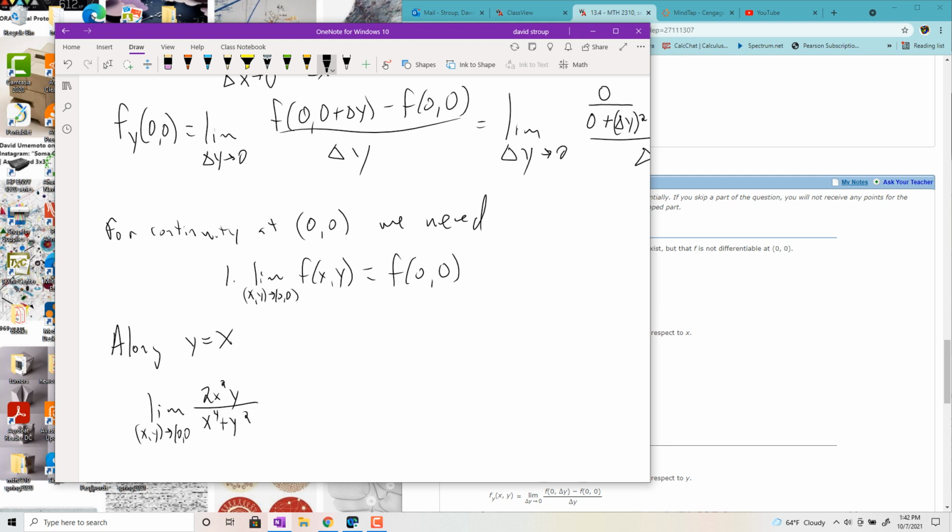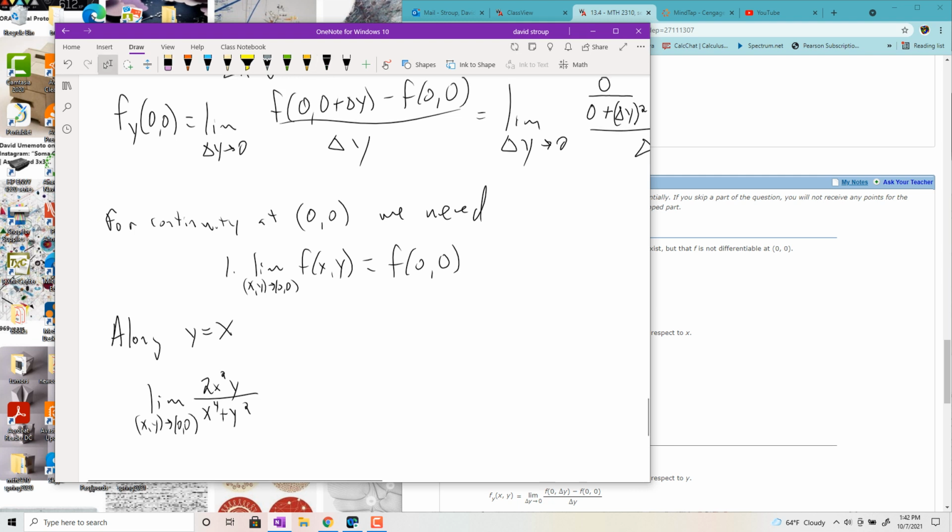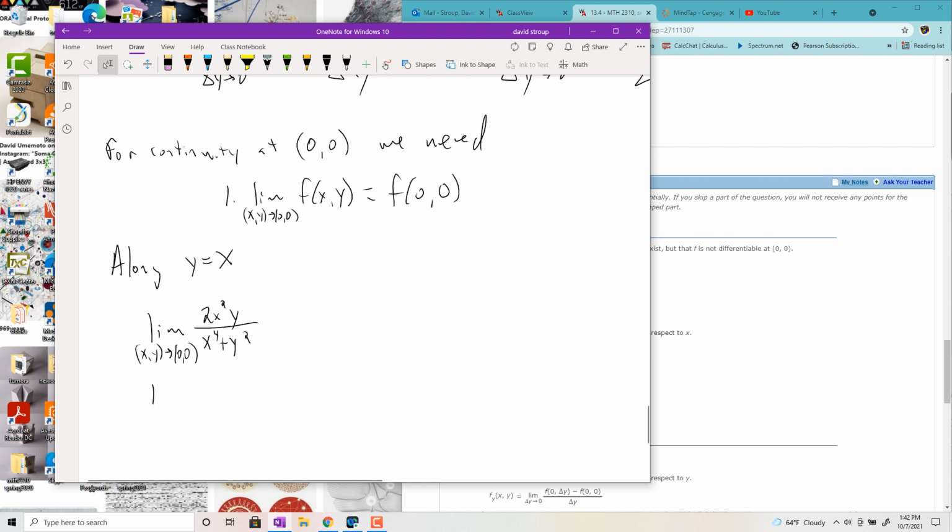So first we replace y with x, and we'll have the limit as x goes to 0 of 2x cubed all over x to the fourth plus x squared. Factoring out an x squared, you just get 2x all over x squared plus 1. That will be 0 over 1, which is 0.